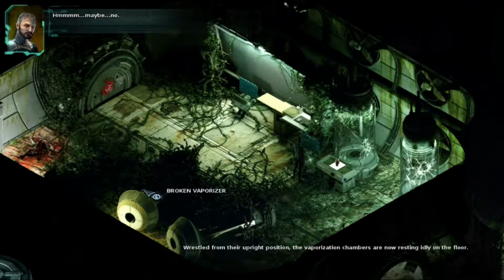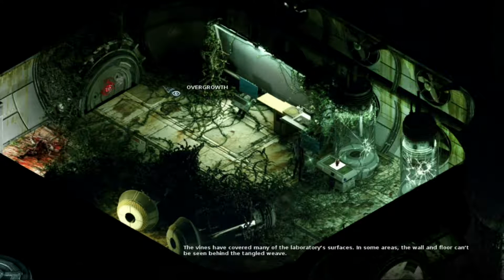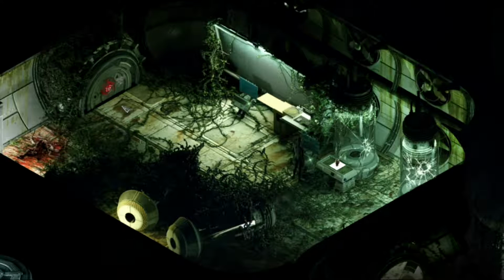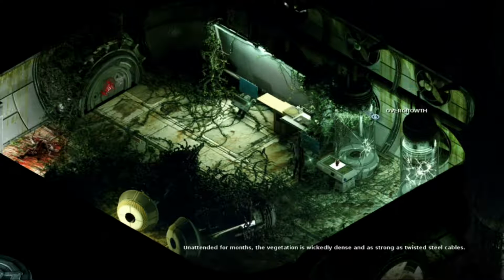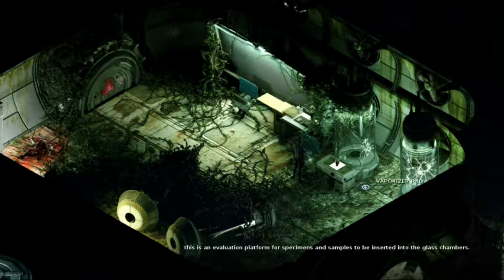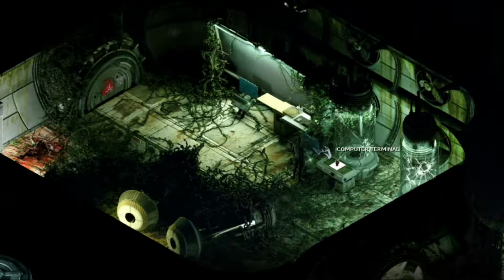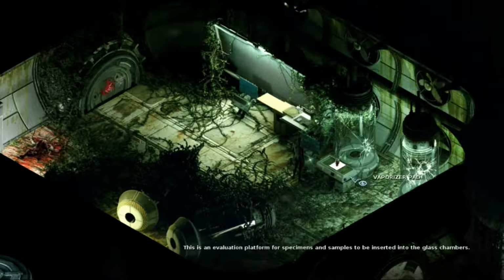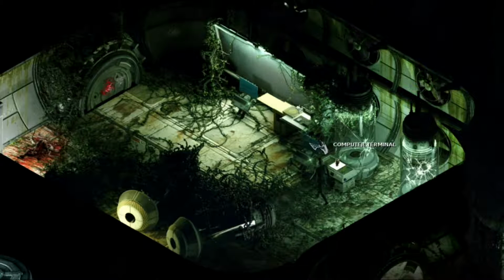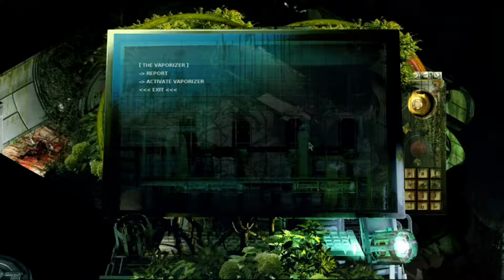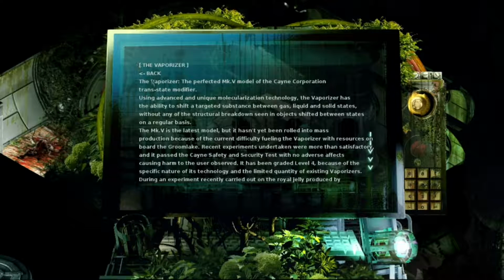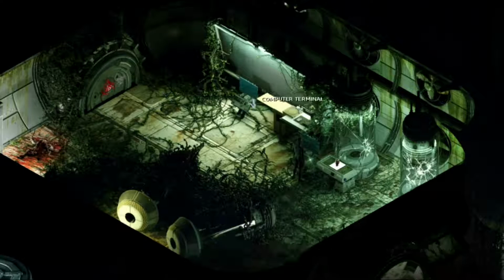No. Okay, so I feel we are getting into a position where we don't know what to do. So, okay, this is right. Okay, is there anything else here? Activate, report, okay, back. No, there is nothing else here.